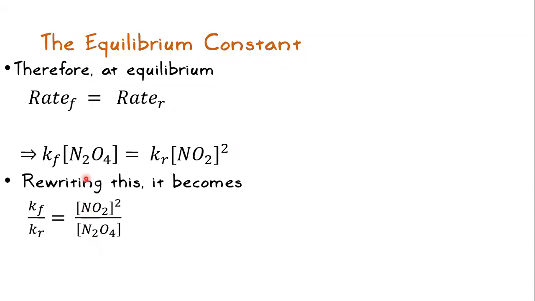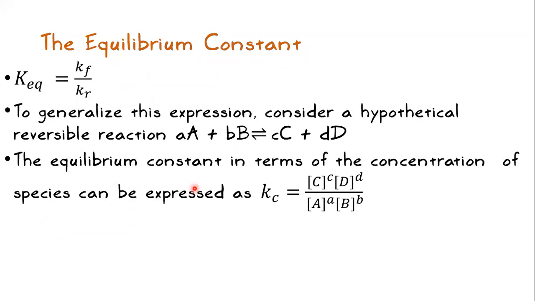From this direction, when we made kf over kr the subject, we rather got the product here, or the reverse over the forward. Are you following? The reverse over the forward. So that is why when we come here, we also have the reverse over the forward reaction. I hope you are following.